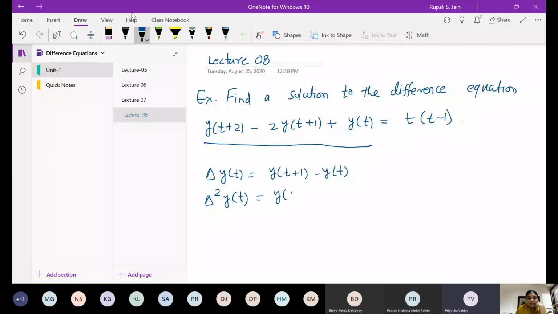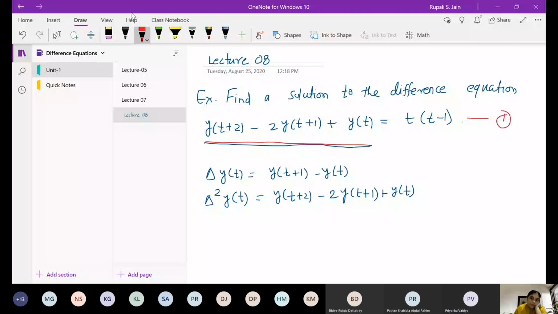We have already checked this: y at t plus 2 minus 2 y at t plus 1 plus y at t. So this term I can write as delta square yt. Okay, the LHS of this equation, equation 1, I can write as delta square yt.